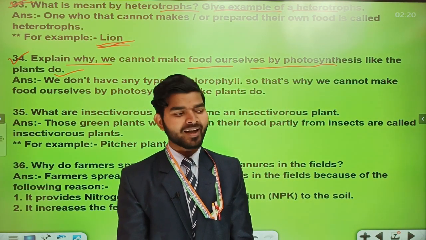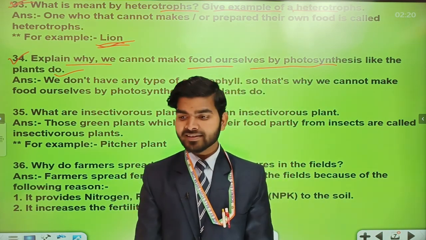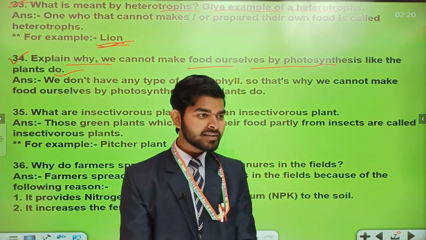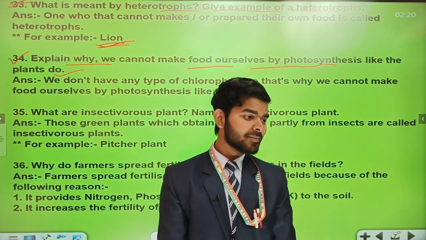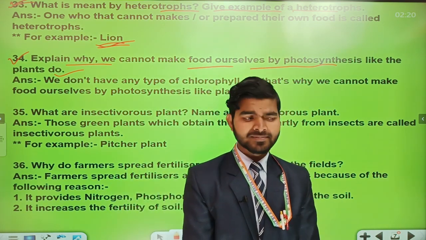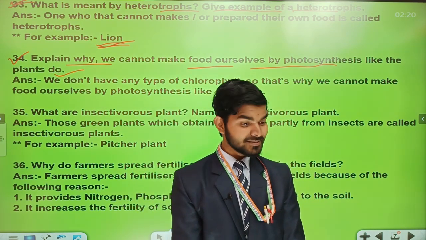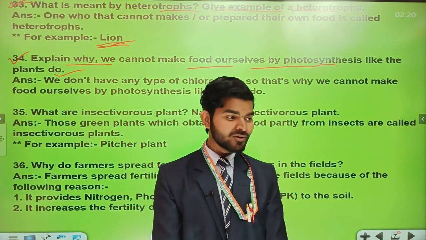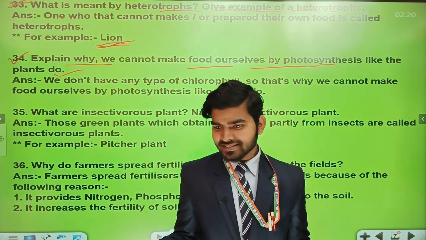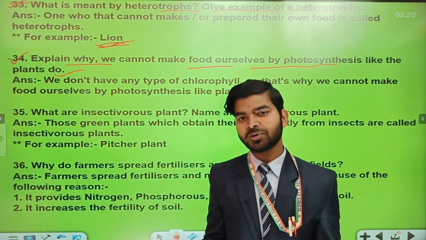I have told you, people will stop working, because they work in order to get money, and after money comes food, and then we take nutrition. So our whole life would change if we were able to make food by ourselves. But this is not going to happen, because we all are heterotrophs.